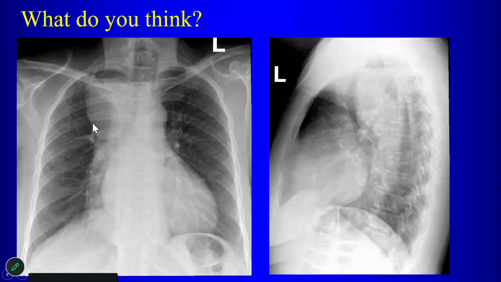So there's some opacity here that extends down below the diaphragm. Do you see it on the lateral view? Well, what do you think of the trachea on the lateral view? Mass effect. Yeah, so again, there's mass effect on the trachea. It's deviated anteriorly. So we've learned what lives behind the trachea? The esophagus. Esophagus, okay. So any thoughts about this case?